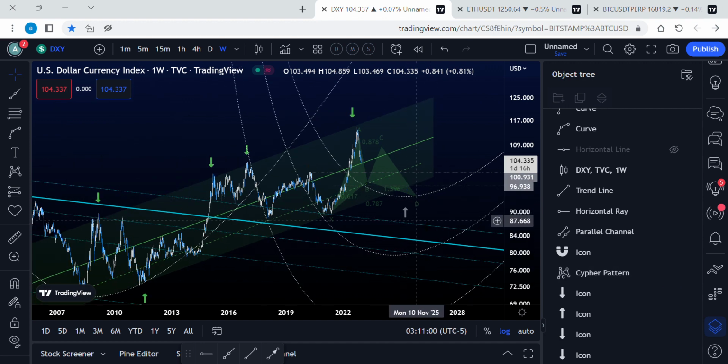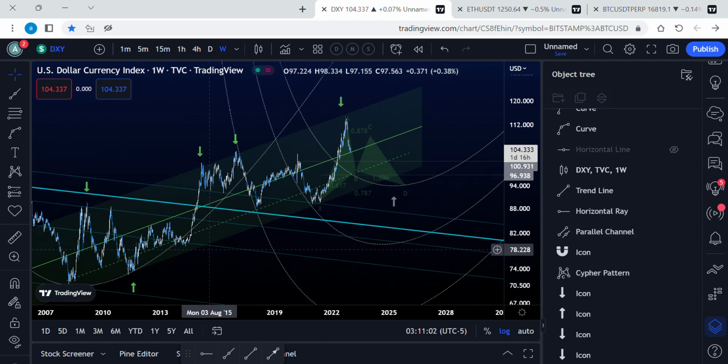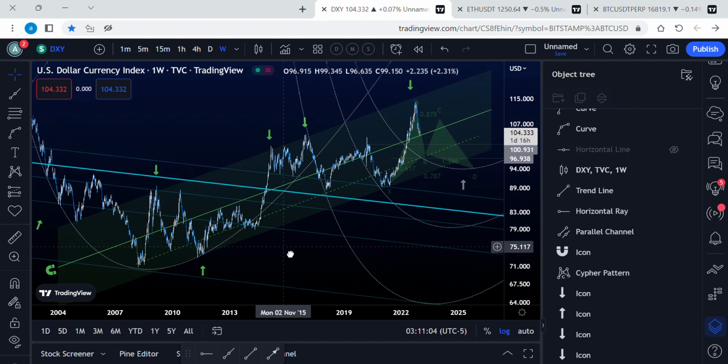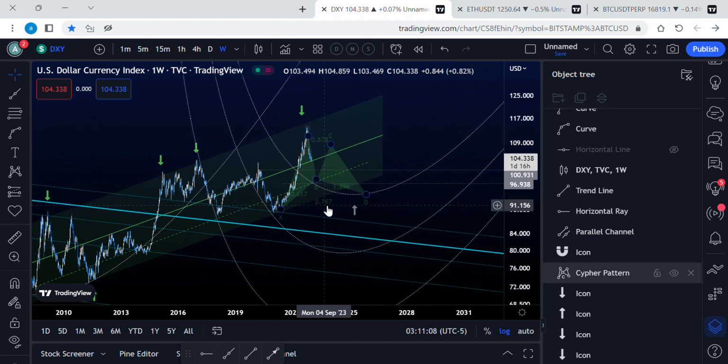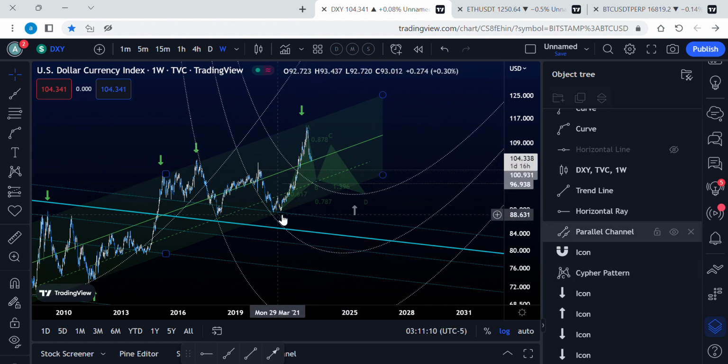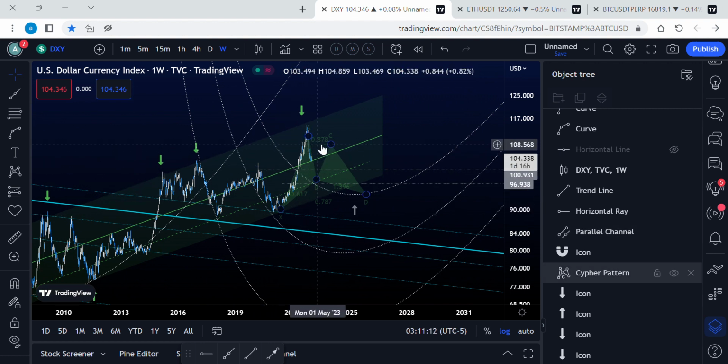You can see, I put the Cipher and I checked the measurements. They are perfect in this setup. So that means this point has some kind of pull.